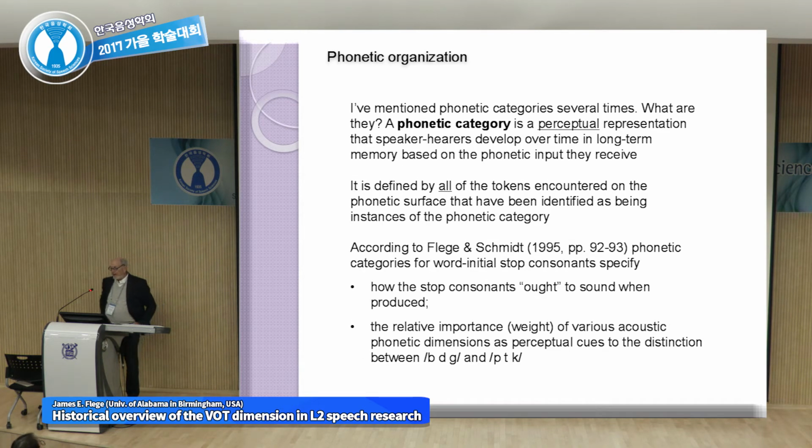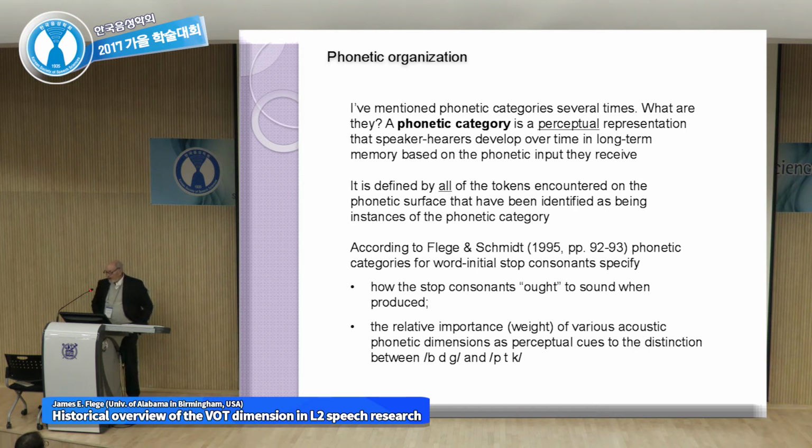Now, I've mentioned phonetic categories several times, and you might be asking, well, what does E. Flege think they are? A phonetic category, in my way of thinking, is a perceptual representation that speaker-hearers develop over time in long-term memory that's based on the phonetic input they receive. It's defined by all of the tokens encountered on the phonetic surface that have been identified as being instances of a phonetic category.